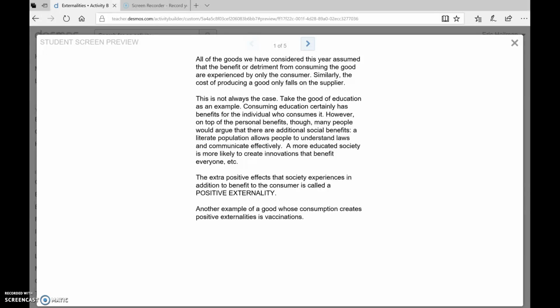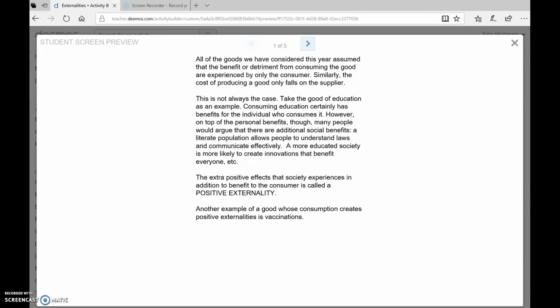So education is good for the individual, but there's also this external effect, this positive effect for society as a whole, which we call a positive externality. So an externality is an effect that either benefits or harms society at large, beyond just the individual effect that happens to the consumer or the producer.